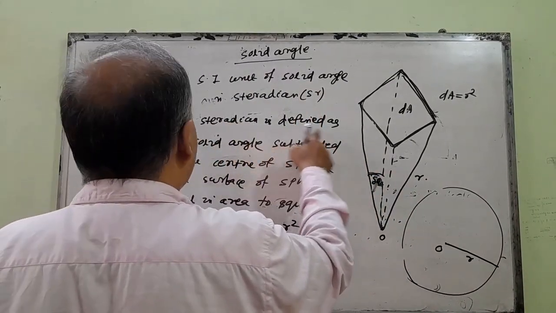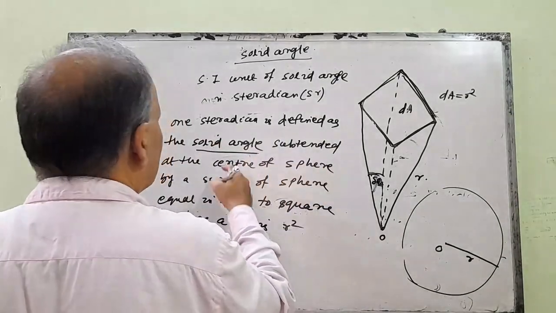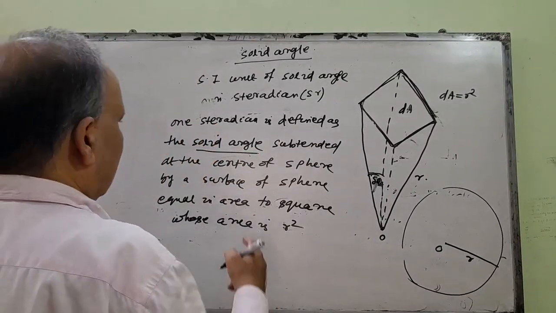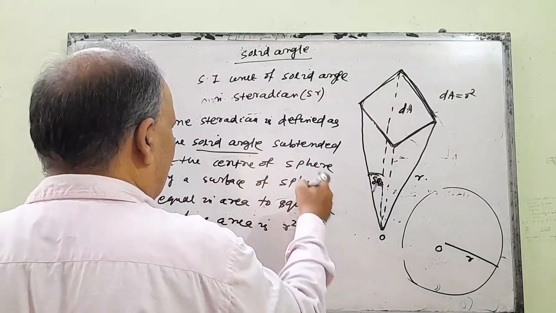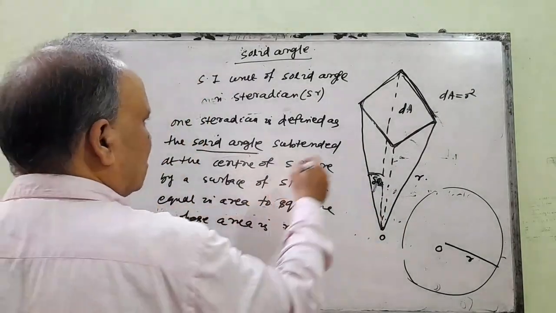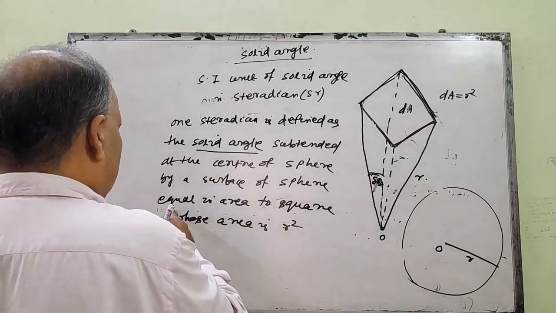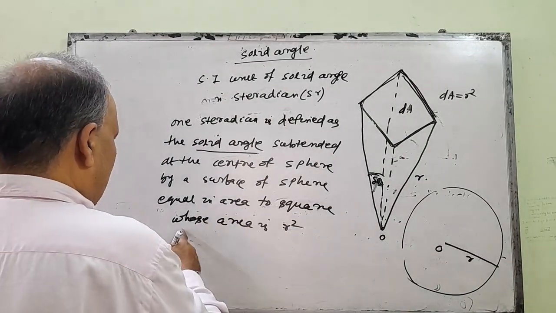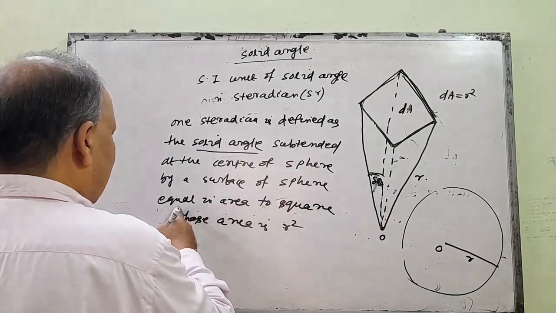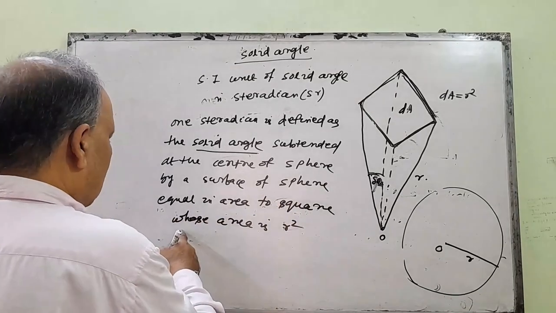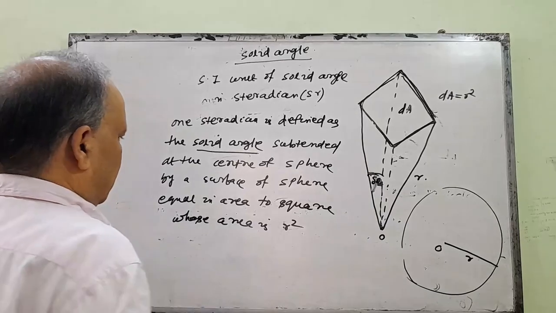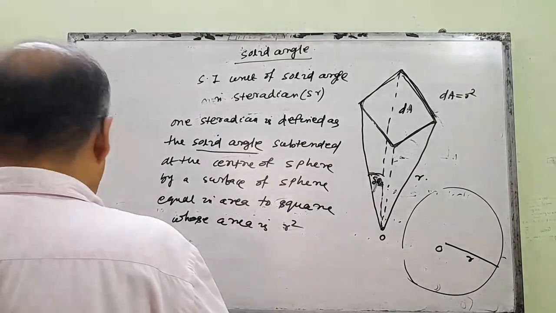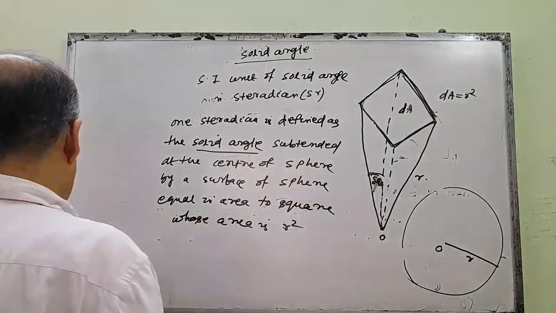So one steradian is defined as the solid angle subtended at the center of the sphere by a surface of a sphere equal in area to the square whose area is R square.